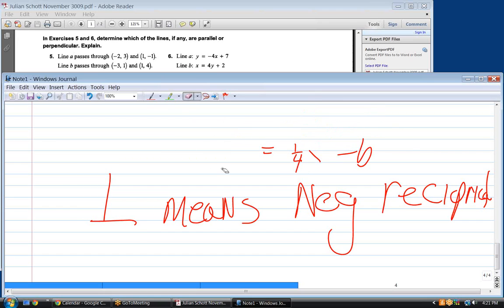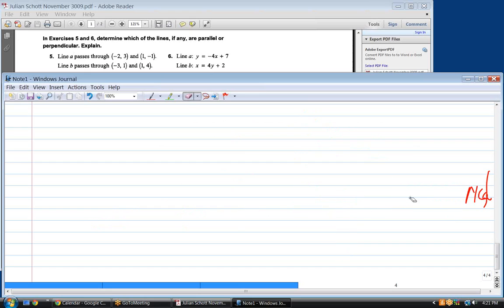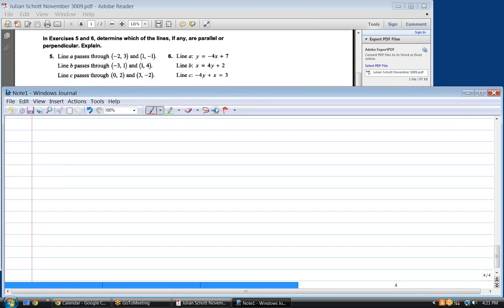Okay, so the next question, they say, which, if any, of the lines are parallel or perpendicular? Well, the one thing we need is going to be slope. So let's talk of line A. What is the slope of line A?